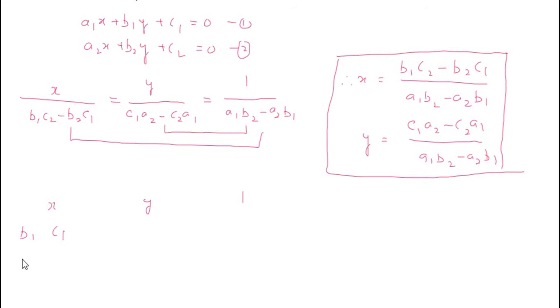Now, the coefficients of y are b1 and b2. Leave those and write the remaining four coefficients, c1 a1, c2 a2. And below 1, leave the constants c1 and c2 and write the coefficients of x and y, that is a1 b1 a2 b2.